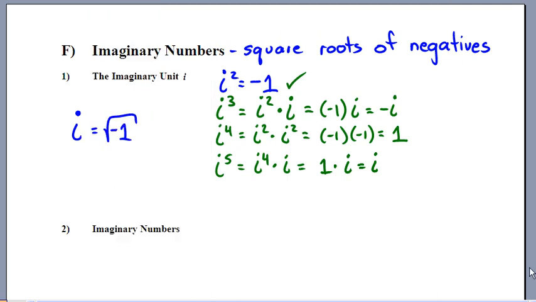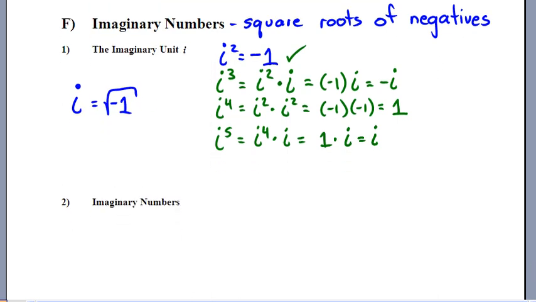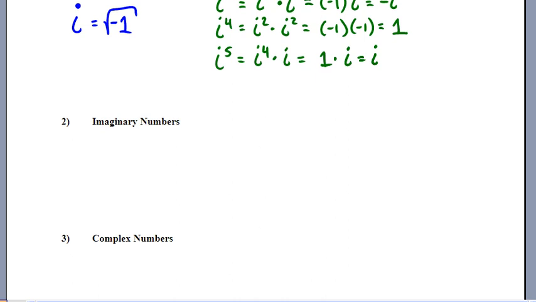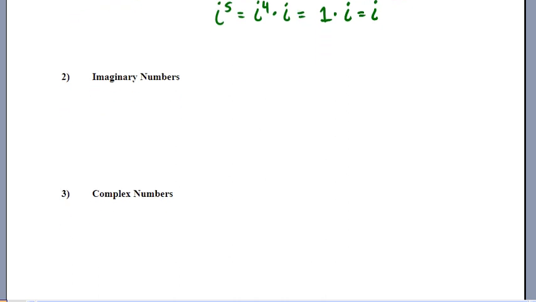Okay, next issue. We're going to have to sort out a little vocab difference here between what we call imaginary numbers and complex numbers. Imaginary are numbers that don't have any real part to them at all.